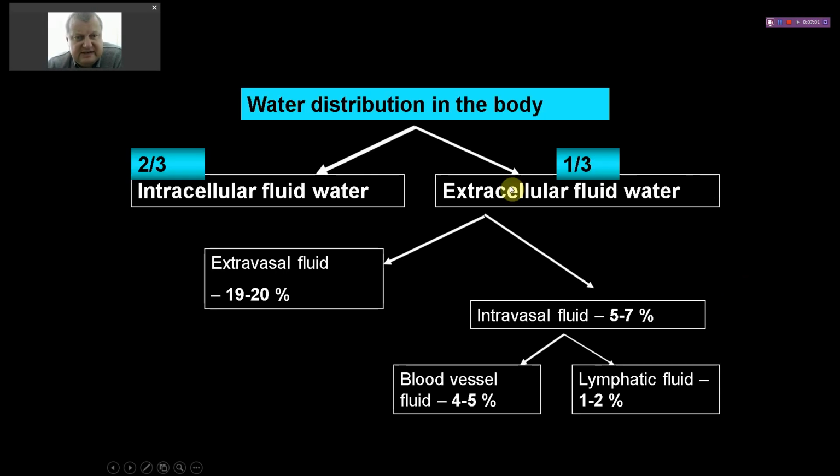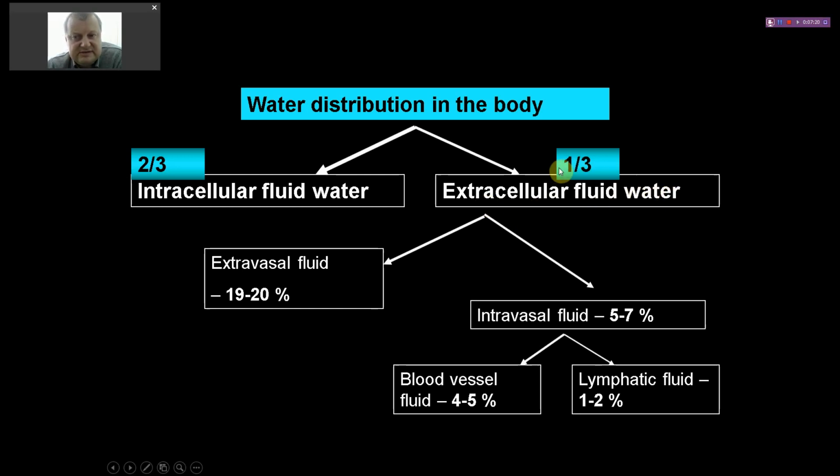Okay, this slide illustrates the water distribution in the body, and you could see that approximately 2/3 of this water is the intracellular fluid water, and 1/3 is the extracellular fluid water.